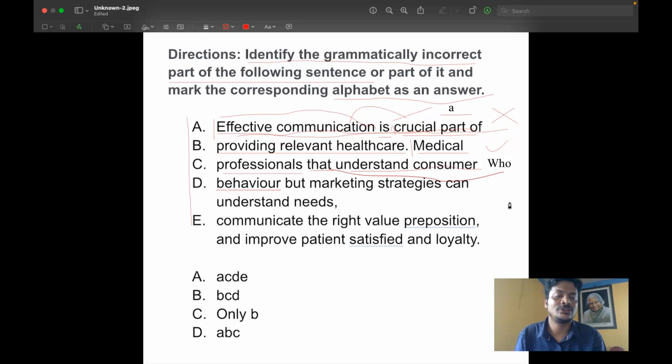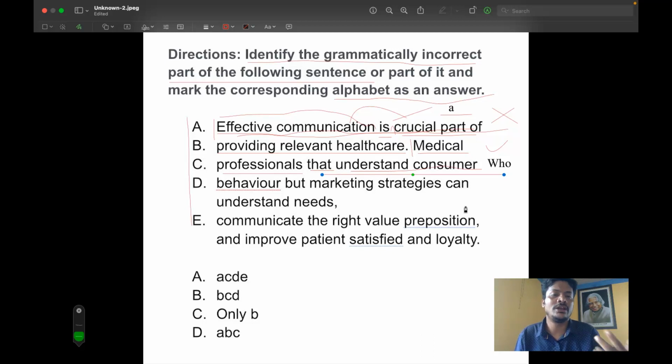Who is a relative pronoun, and that is also a relative pronoun, but that is used when you are talking about neuter gender or any clause to which you relate. In that case, we need to use that with neuter gender.